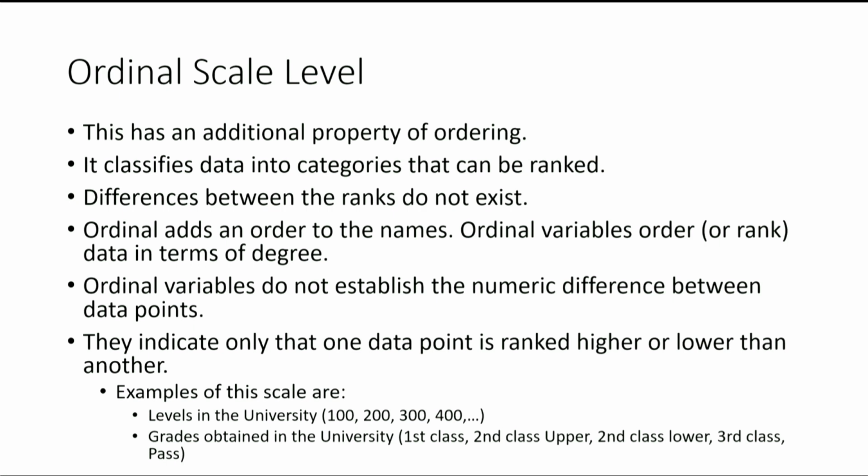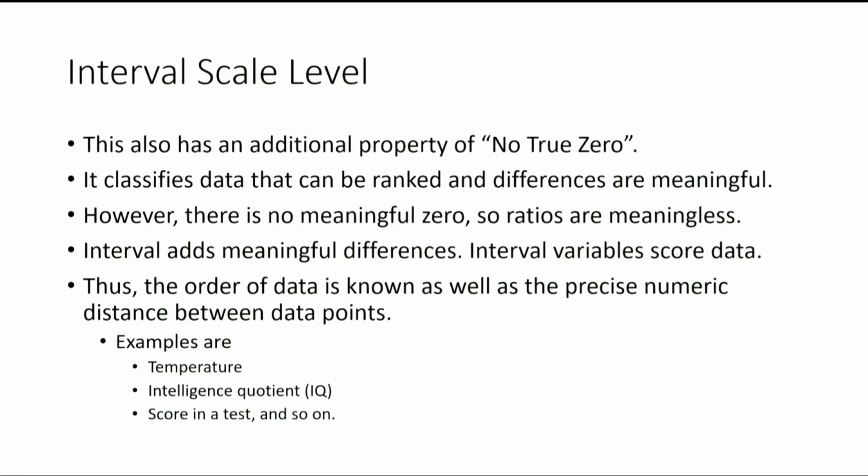Examples of ordinal scale are levels. Your level in the university, whether you are 100 level, 200 level, 300 level, and so on. And also the grading system in the university at the end of your program. Maybe you come out with a first class, maybe a second class upper, or second class lower, or a third class, or pass, which is the least.